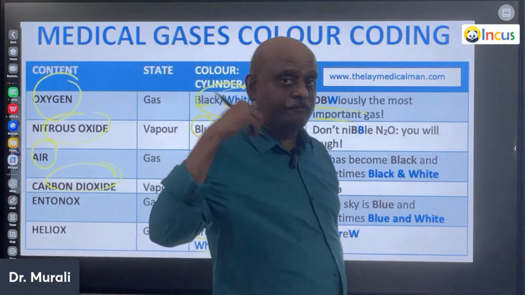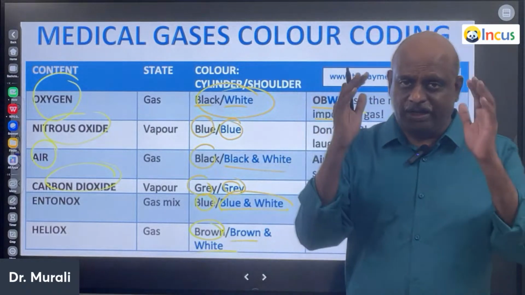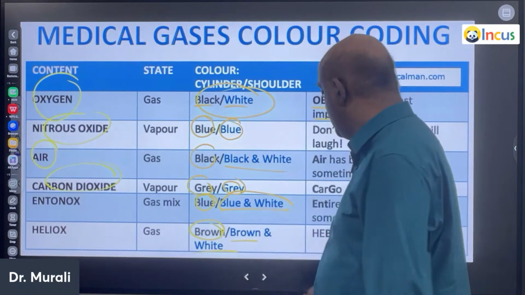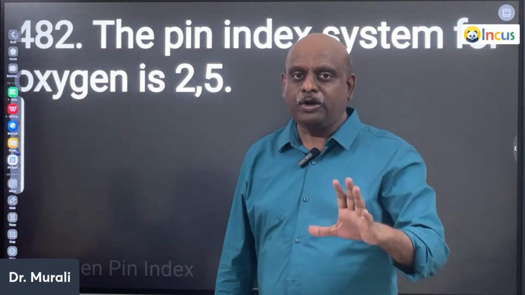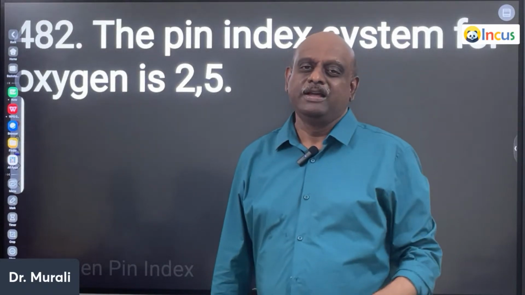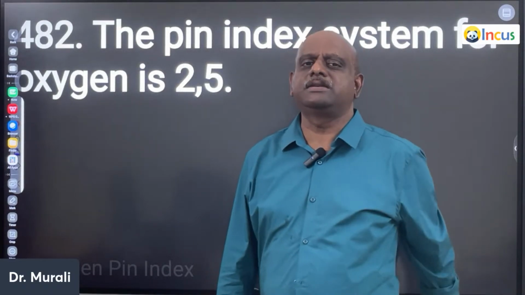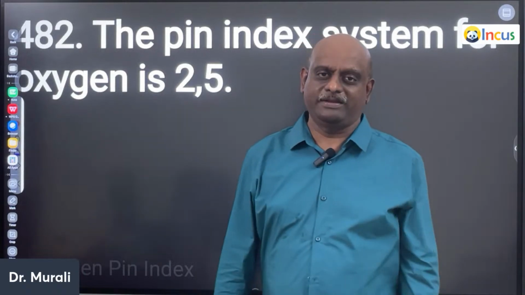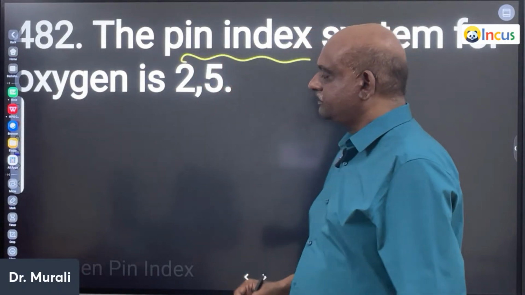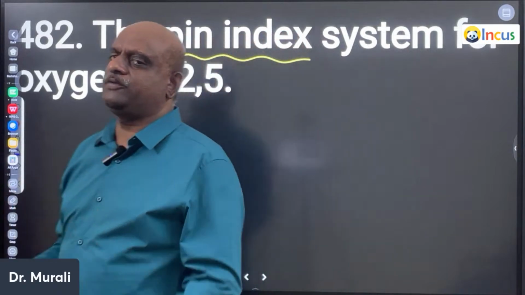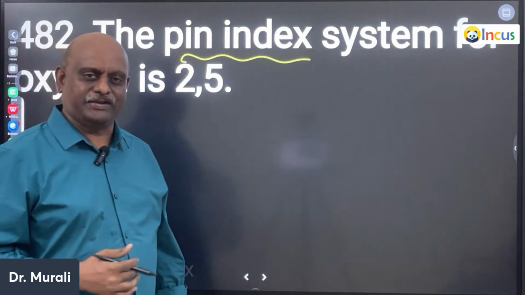What is on the top and what is on the bottom of the color of the cylinder, you need to be 100% sure. In tomorrow's NEET PG exam, you should identify based upon the cylinder image which gas cylinder it is. It is a simple question you need to be ready with. Now, pin index. What is the pin index for oxygen? Why do we need pin index?